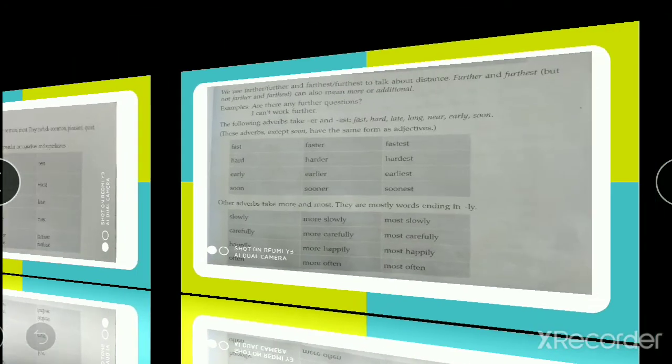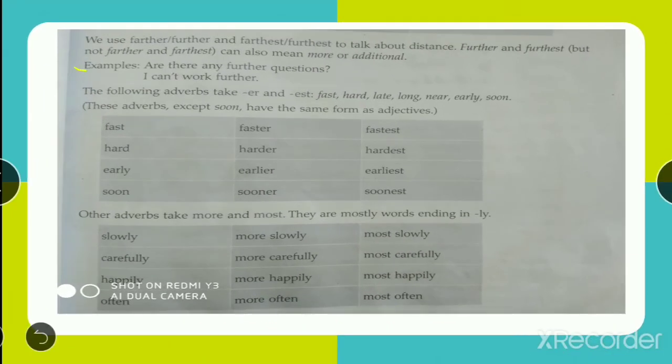Now you have some information regarding that over here. Now we use farther or further and farthest or furthest to talk about distance. You know what is the meaning of far? Far means something which is away from you, right? So we are talking about distance. So yes, farther and farthest is used for distance. Further and furthest can also mean more or additional.